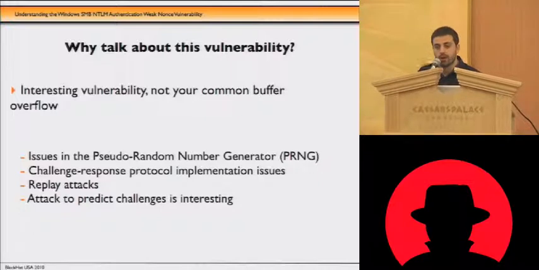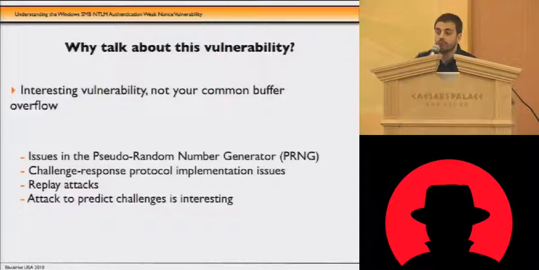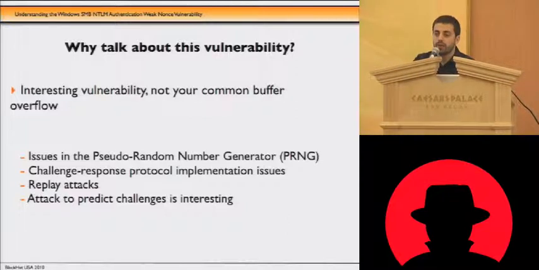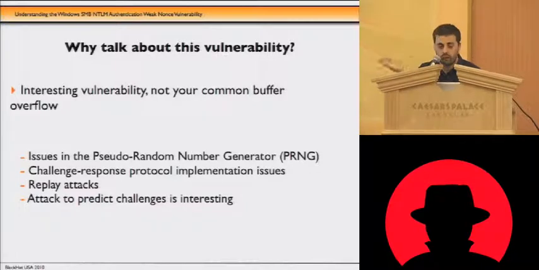It's not something that you find all the time. And also other implementation issues that we found in the protocol that allow for side-channel attacks that can result in, for example, replay attacks, and also an attack that by itself is very interesting, that is the possibility of predicting challenges. And we're going to see what all this means.